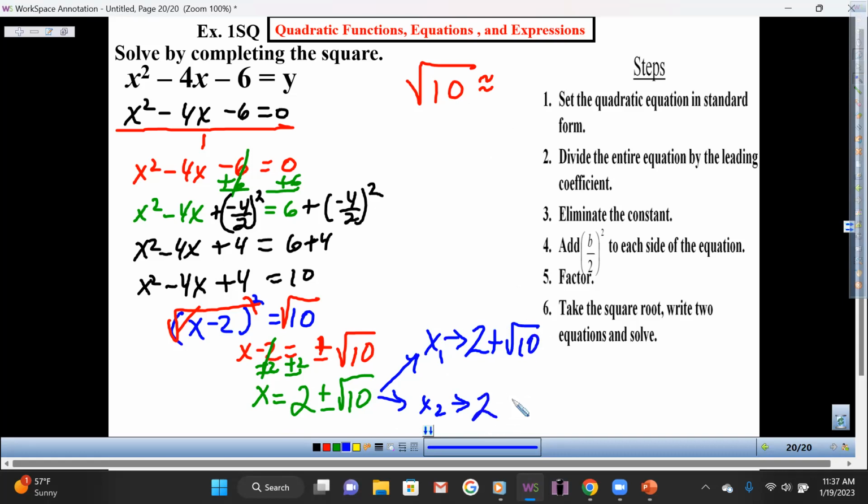And down here, 2 minus square root of 10. Hands if you got something like that. Yes? Okay, I think we got it. All right. So from 1 to 5, how comfortable are you with these? Now that we did 1, you went solo, 4, 5, okay.